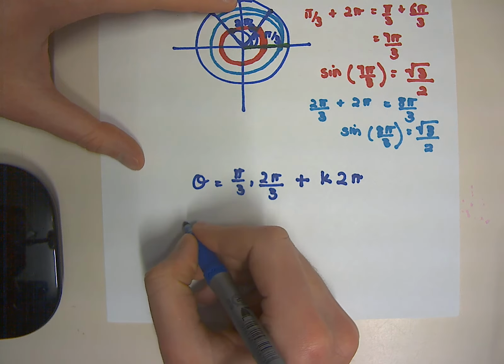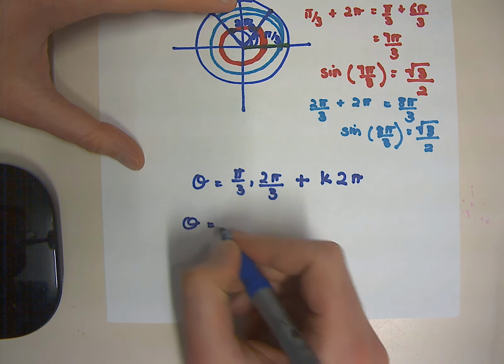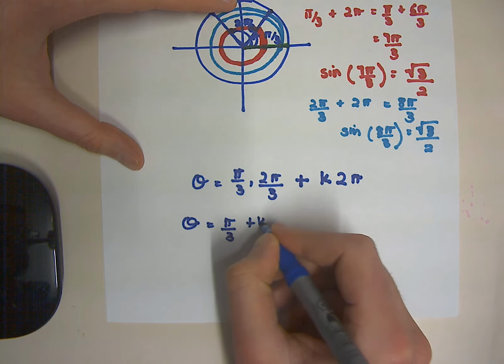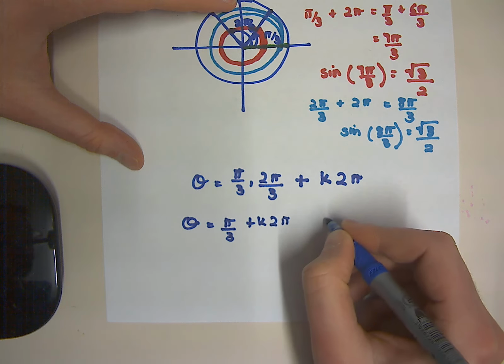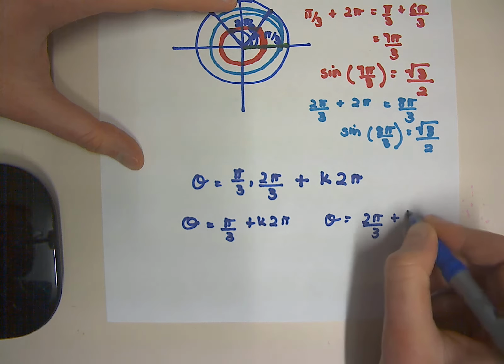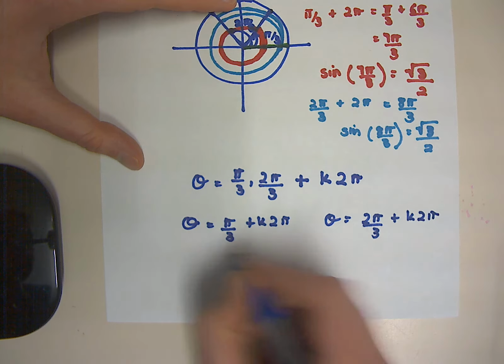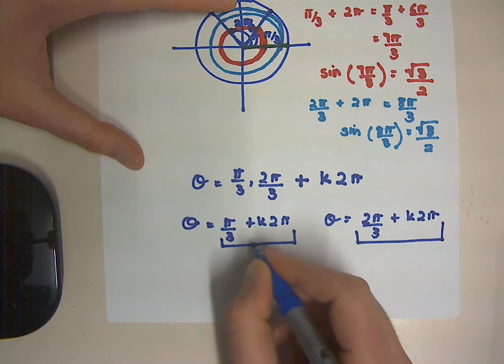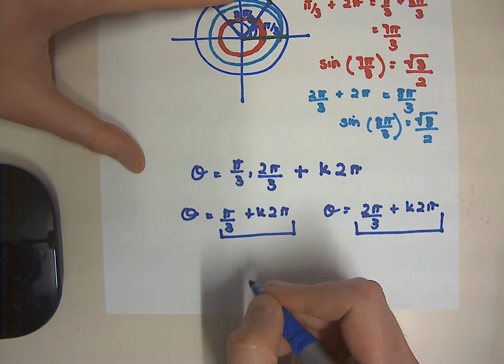So we can think of it as two separate solutions: theta equals pi on 3 plus k 2 pi, and theta equals 2 pi on 3 plus k 2 pi. Both solutions are infinite, so we've got an infinite number of solutions here.